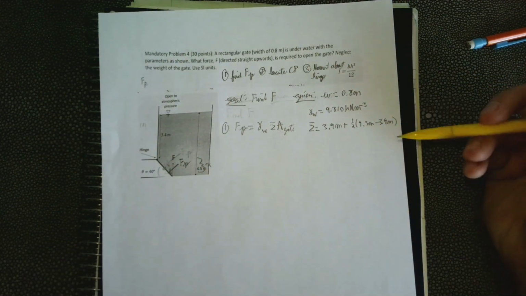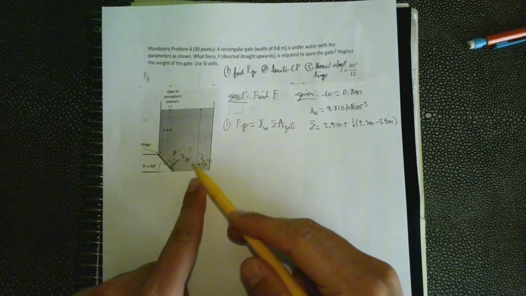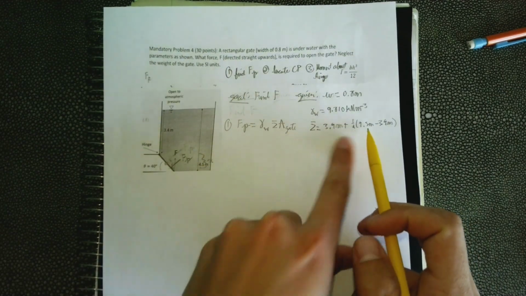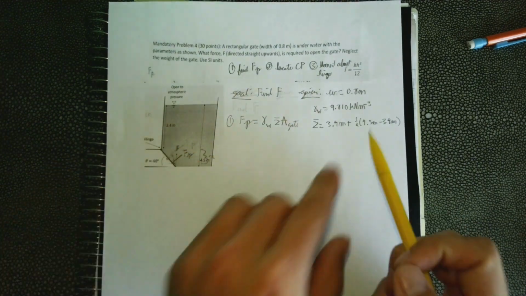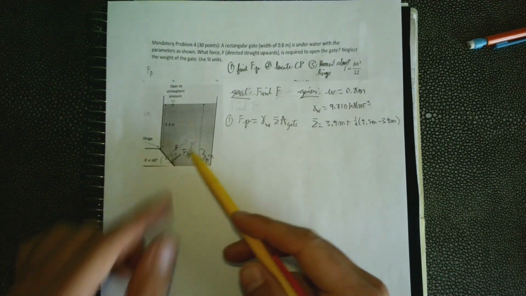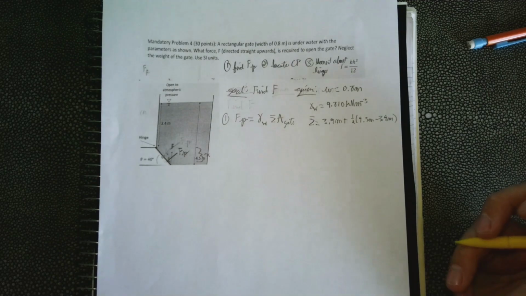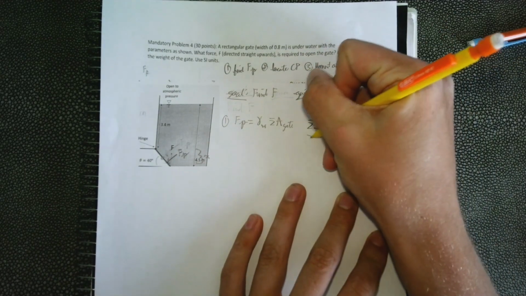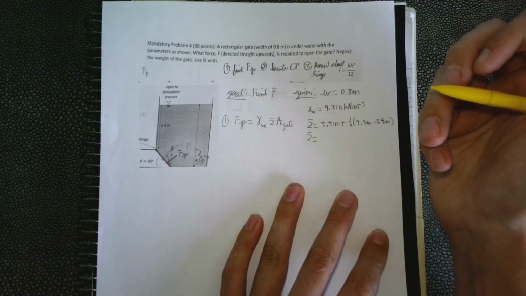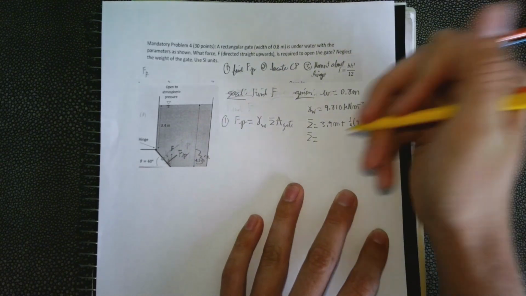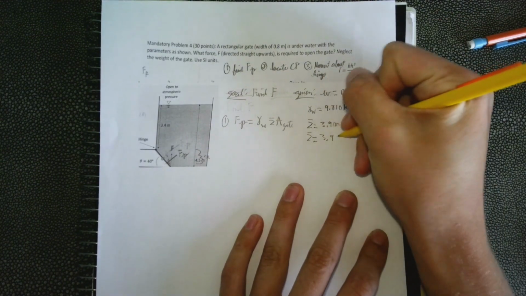So to find that x value, I did 4.5, which is this whole length, minus 3.4, and then we halve it because we want that centroid. That gives us a depth from the surface of the water to the centroid of the gate of 3.95 meters.